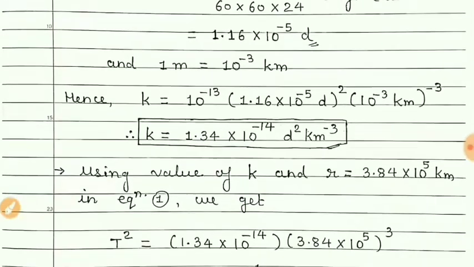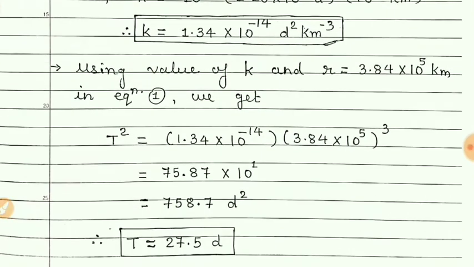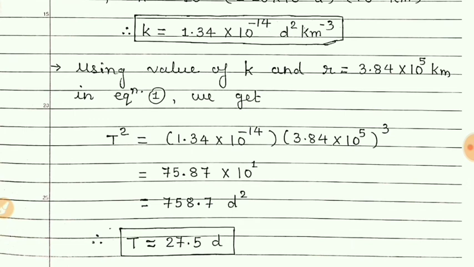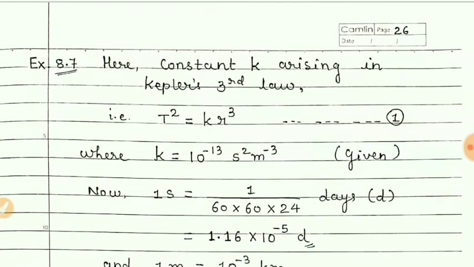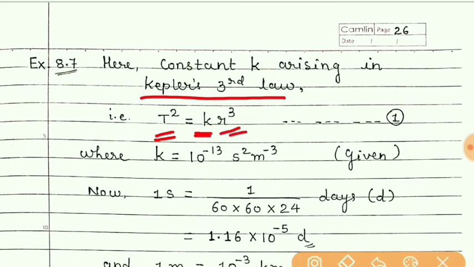Now we want to find the time period of revolution of moon. Students, we already know this formula. According to Kepler's third law, T square is equal to K R cube.